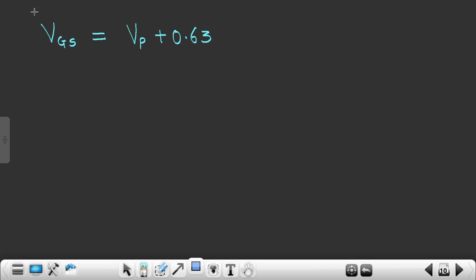So what does that mean? So basically we had obtained this particular point, if you could remember the transfer characteristic. Okay, so if we equate VGS equivalent to VP plus 0.63, so at this particular voltage we would be getting the current which won't have a significant change with respect to temperature.